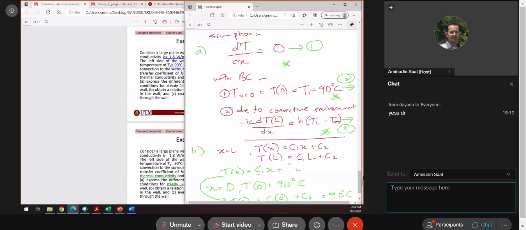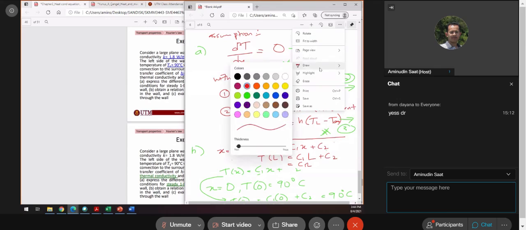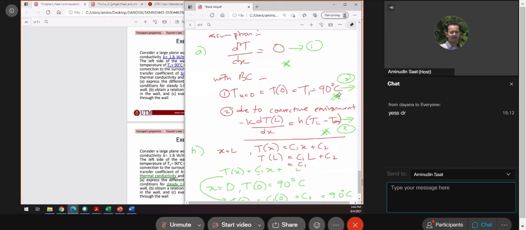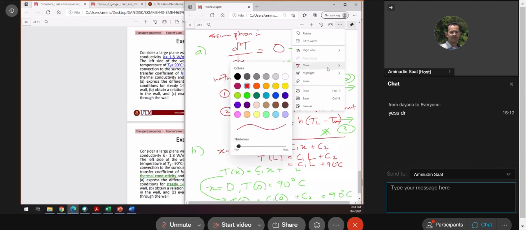So this one, C1L plus 90 degrees Celsius. So this is your TL, the value of TL.